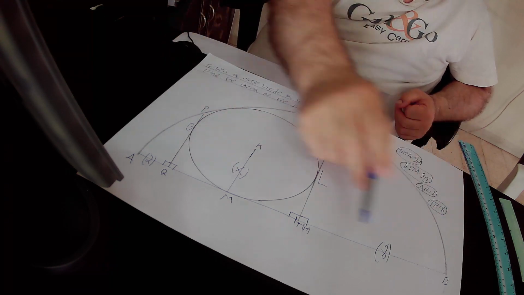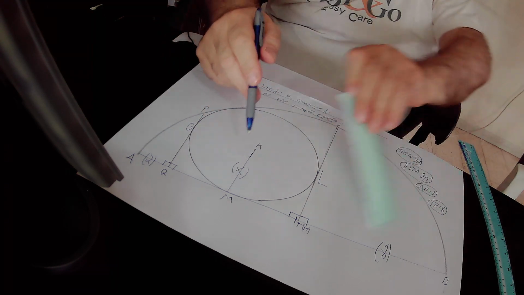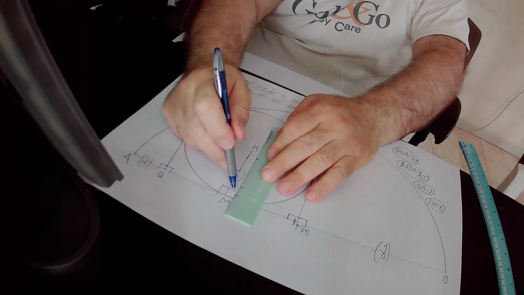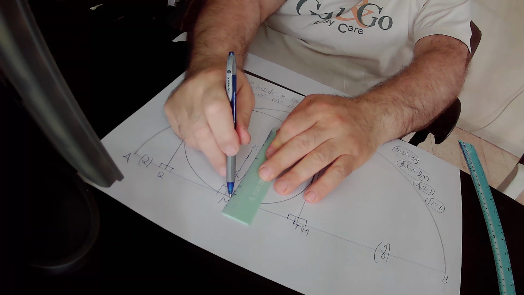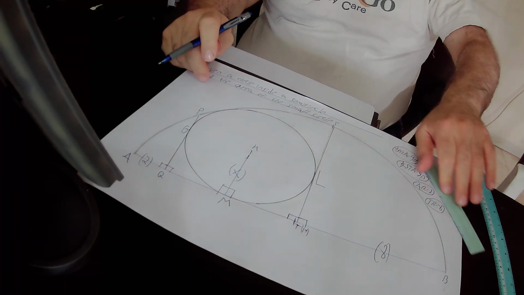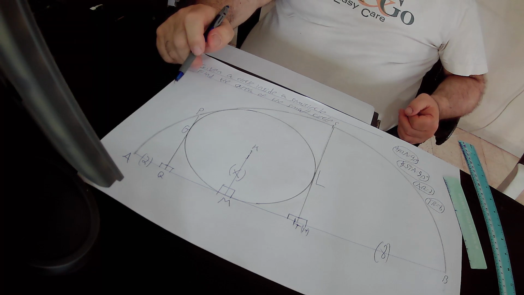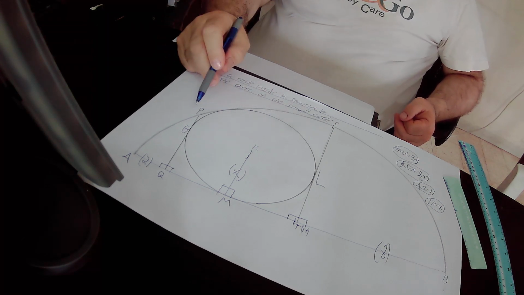If AB is perpendicular to MK, it means that this angle equals 90 degrees, and this angle also equals 90 degrees according to rule 1. In the next step, we join points K and G together by a straight line.